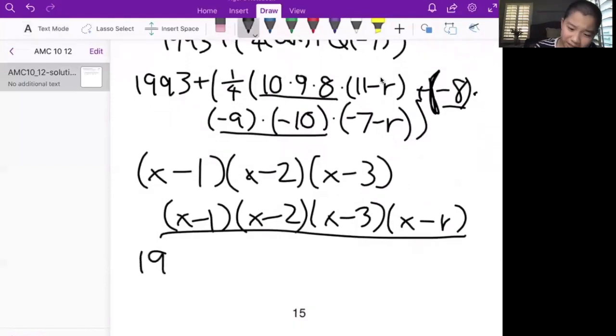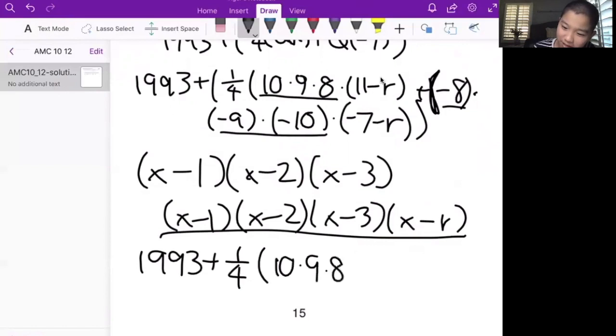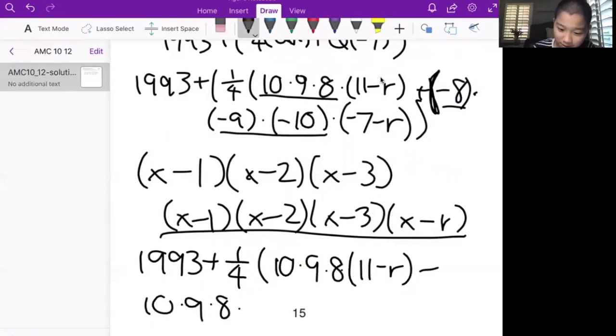So we get 1993 plus 1/4 of 10 times 9 times 8 times 11 minus r. And then instead of plus, this becomes a minus, but then the other minus signs all become pluses. So 10 times 9 times 8 times negative 7 minus r.